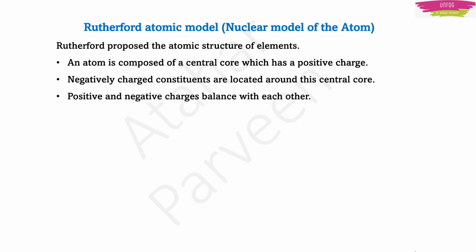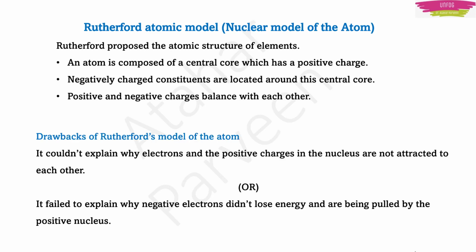Having said all of this, there was a drawback: it couldn't explain why electrons and the positive charges in the nucleus are not attracted towards each other. Everything in the universe which is positively charged and negatively charged attracts each other, right? Even magnets do so. The South Pole and North Pole attract each other. The reason behind no attraction between electrons and positive charge could not be given by Rutherford.